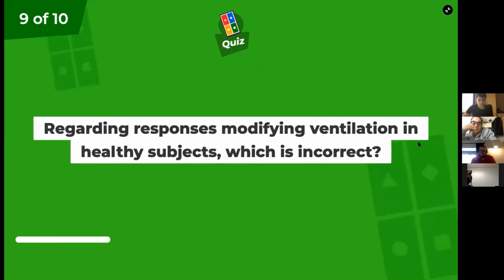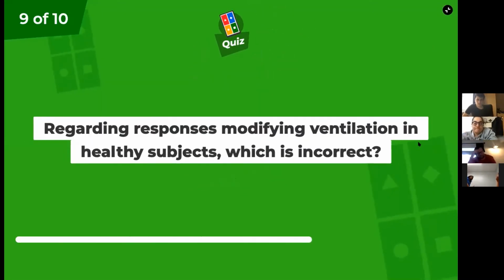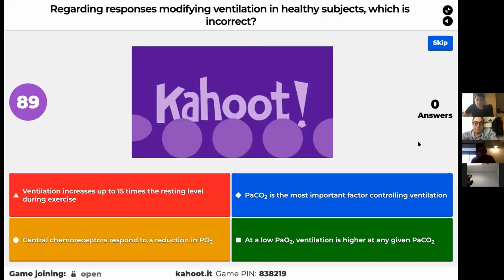And question 9. So regarding responses modifying ventilation in healthy subjects, which is incorrect?